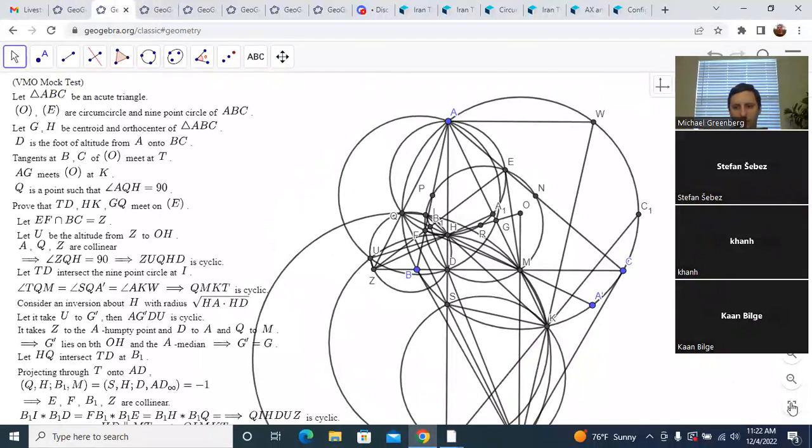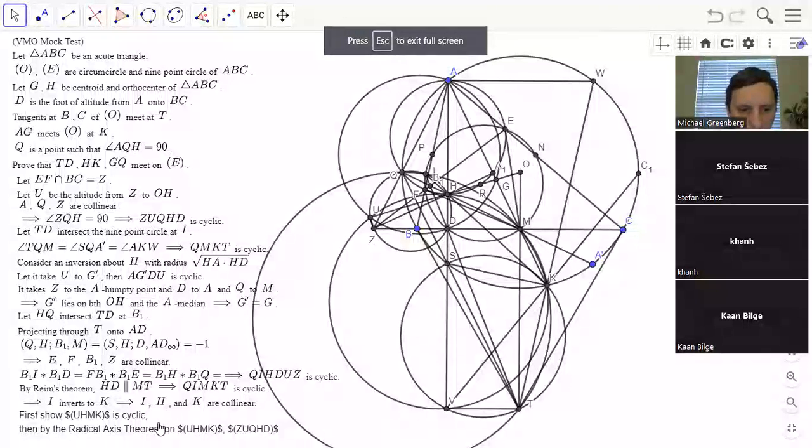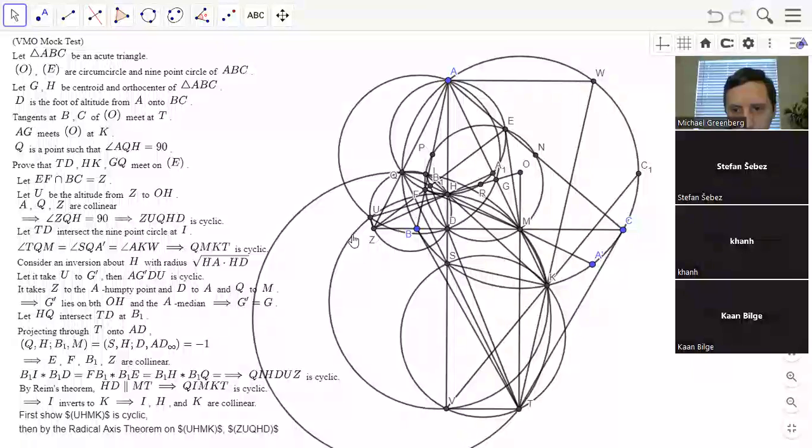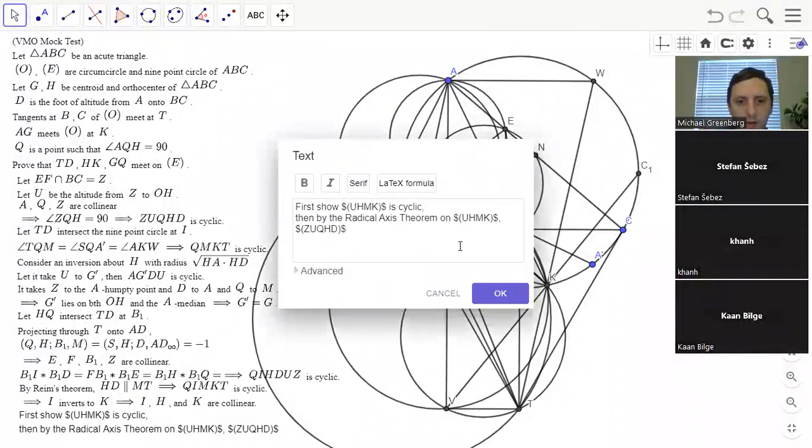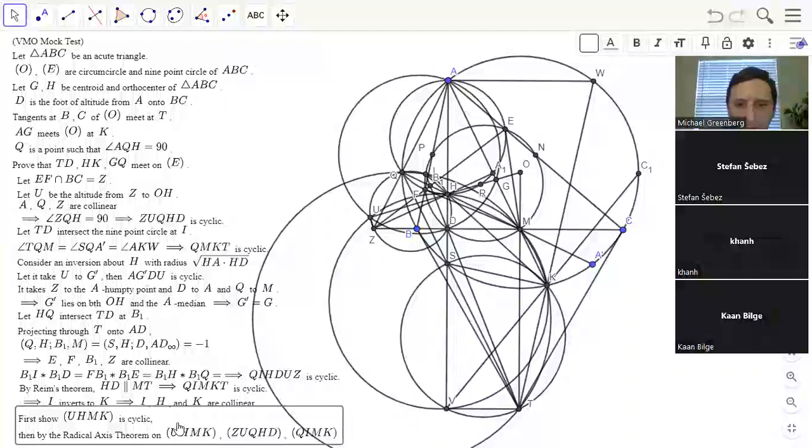My idea was, and I think it might finish it off, once we show that these are cyclic, so QIMK, that would mean that UH, MK, and QI are concurrent. And then that would solve the problem.